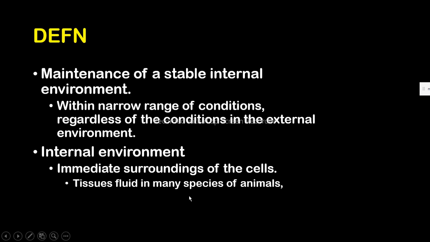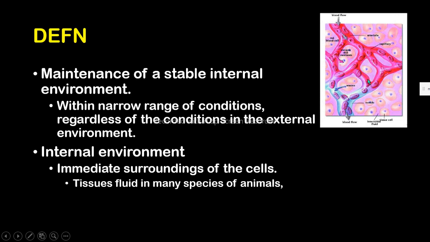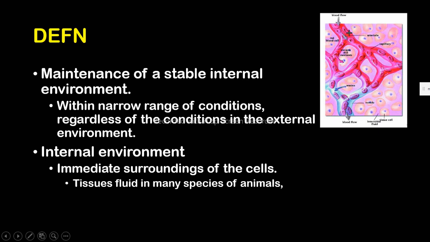All the tissue fluid in animals, and with tissue fluid I mean blood and the fluid which fills the intercellular space, constitutes the internal environment. Have a look at this. This is blood circulating through the capillaries or blood vessels. And these are your cells.